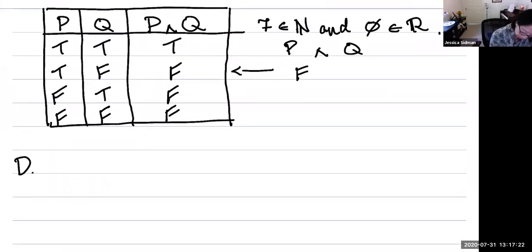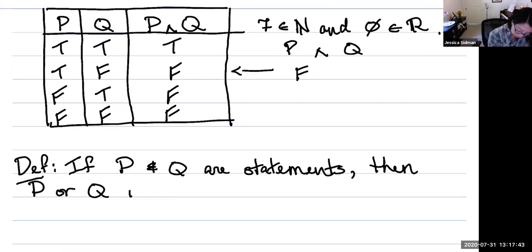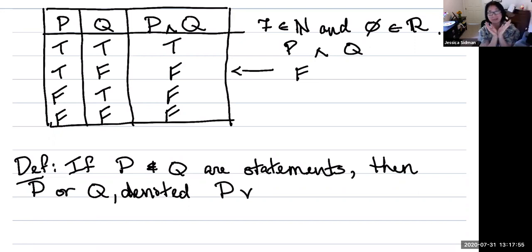So let's look at another way of making compound statements. So here's another definition. So if P and Q are statements, then P or Q, denoted P, and here it's like I turn that wedge upside down and make a little V, denoted P or Q, is true when, and here let me summarize it with the truth table right away.